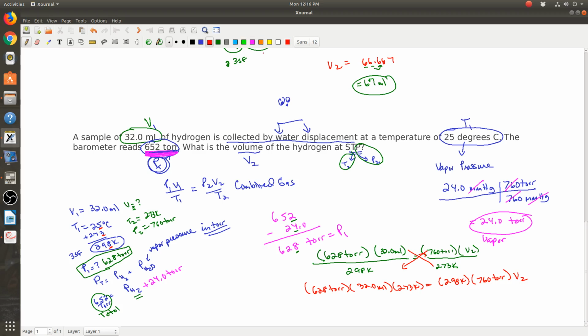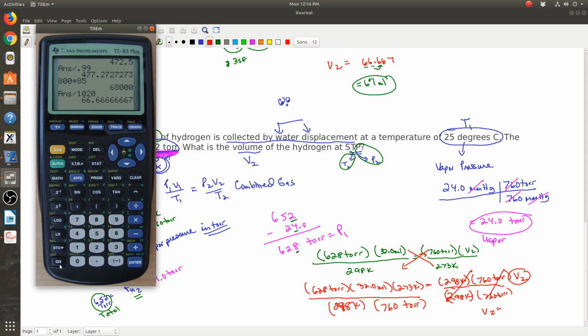And then I need to divide both sides so I can isolate my V2. So divide by 298 kelvins on both sides. And divide by 760 torr on both sides. All right. Now you can cancel those units so that V2 is all by itself. And then I'm just going to pull up the calculator and do the math.